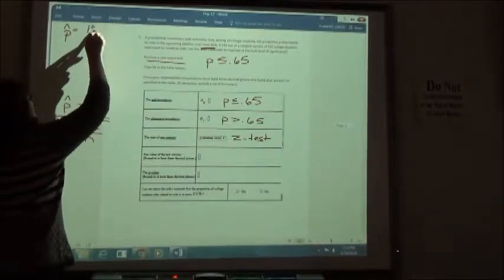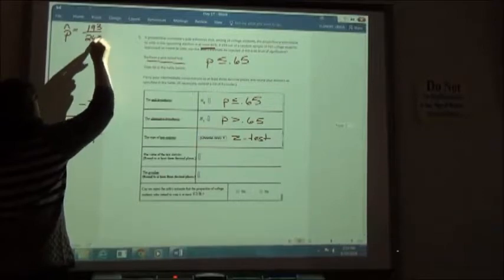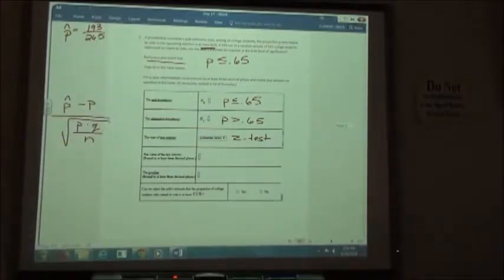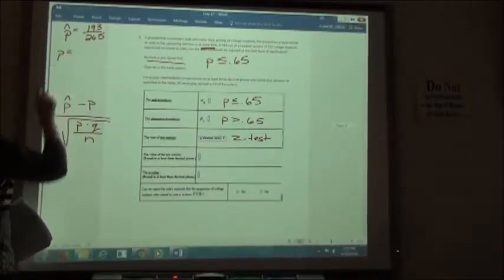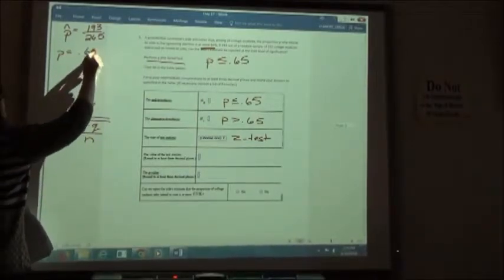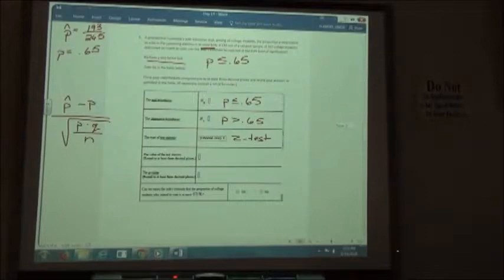193 out of 265 is what they tell me. Again, let's try to see if that comes out halfway decent or is it a great big long decimal. It's a good one. All right, then we'll use the fraction. Our regular P is what we're comparing it to, 65%, right? Our Q then.